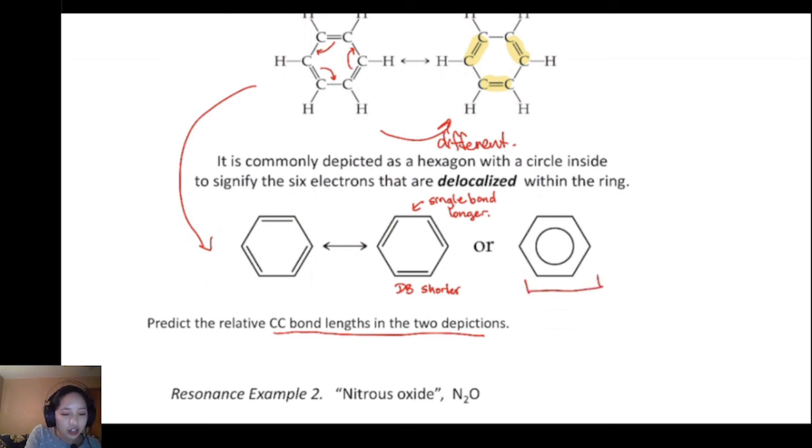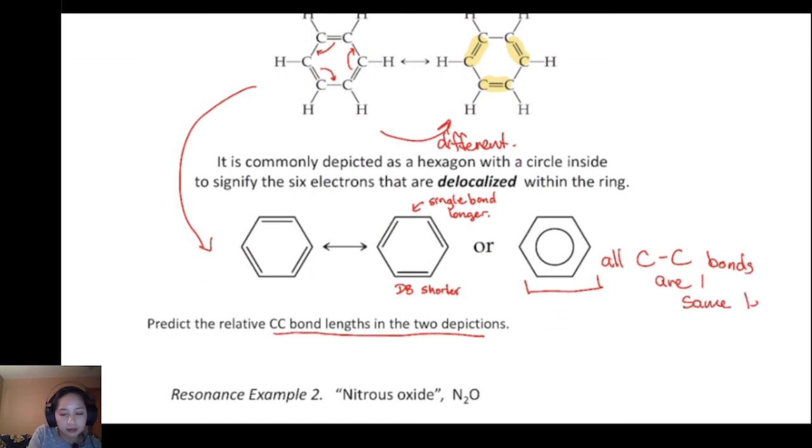But what we actually see is all carbon-carbon bonds are the same length. And that's because the carbon-carbon bond order is equal to 1.5, essentially. So it's the average between 1 and 2.